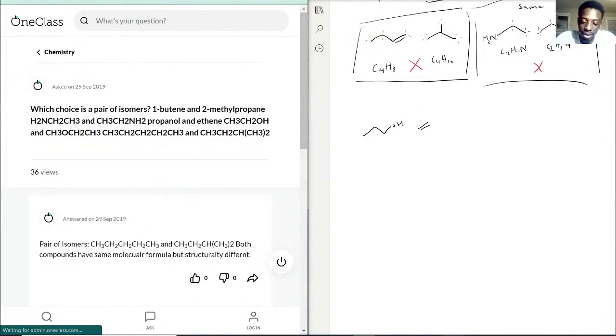This one is going to be no, because ethene is C2H4, and propanol, just for fun, has hydrogens 6, 7, 8, so C3H8O. That's definitely not even close to each other at all.